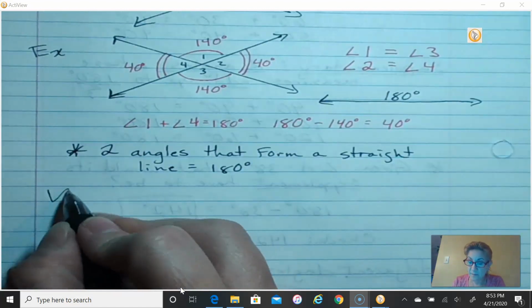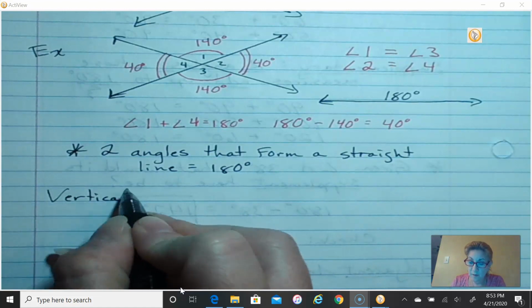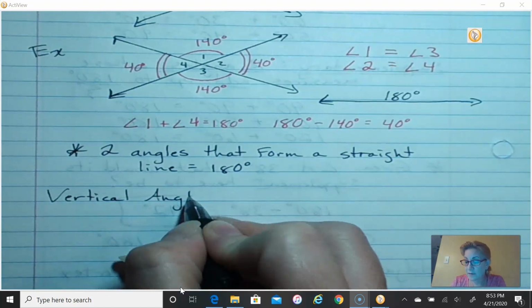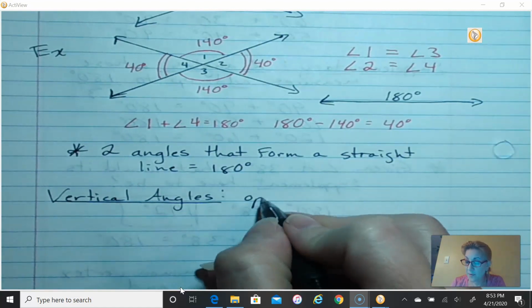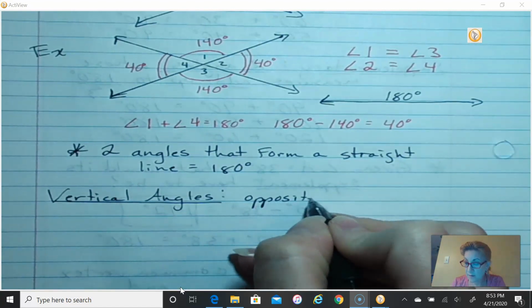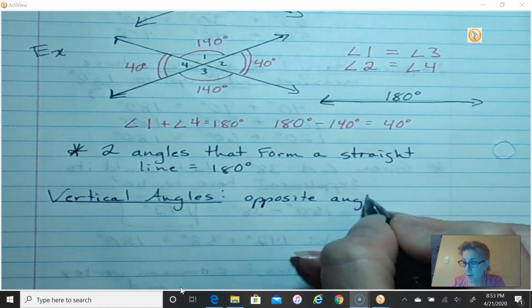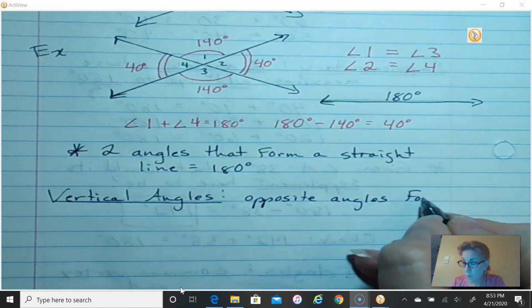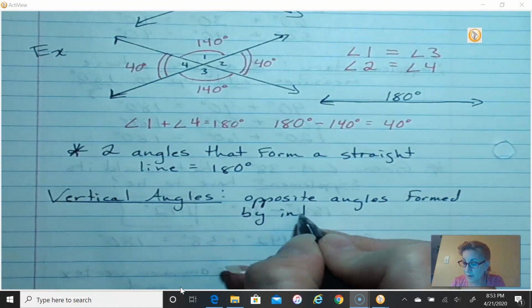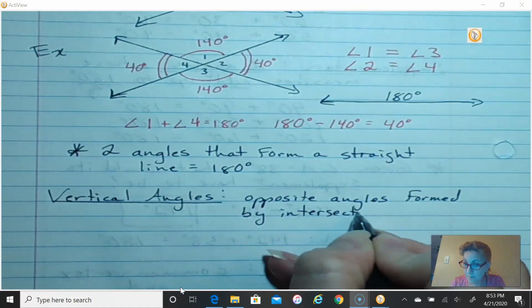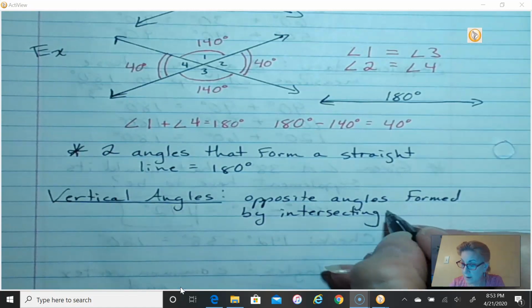All right. Vertical angles. They are opposite angles formed by intersecting lines.